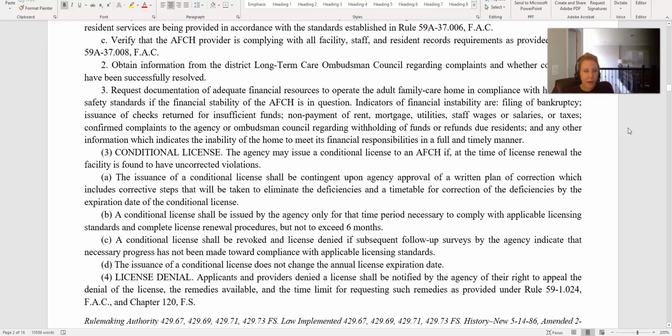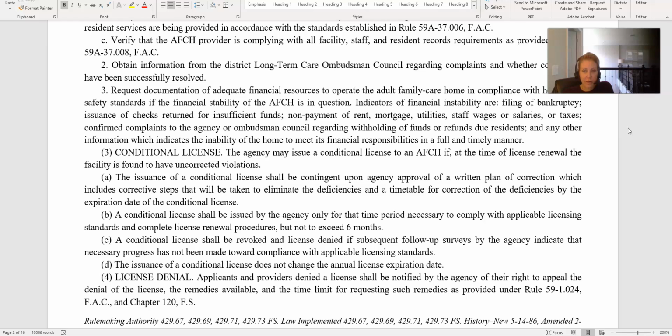Number 3, request documentation of adequate financial resources to operate the AFCH home in compliance with the health and safety standards if the financial stability of the AFCH is in question.